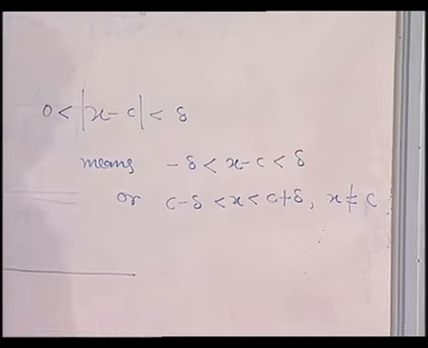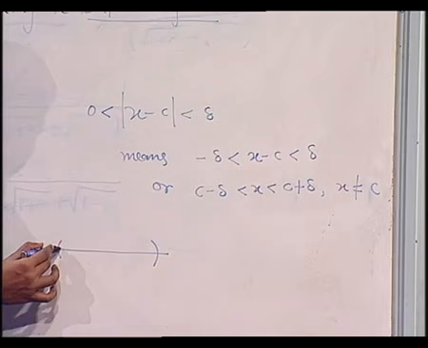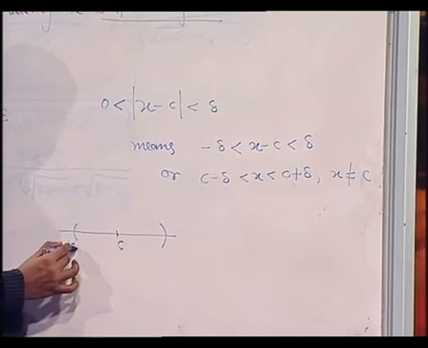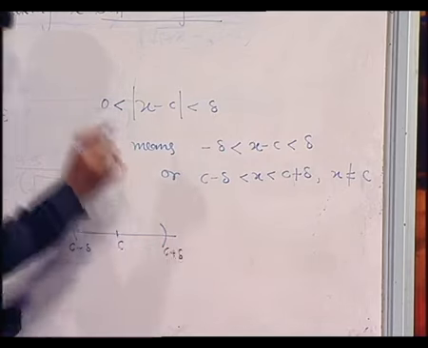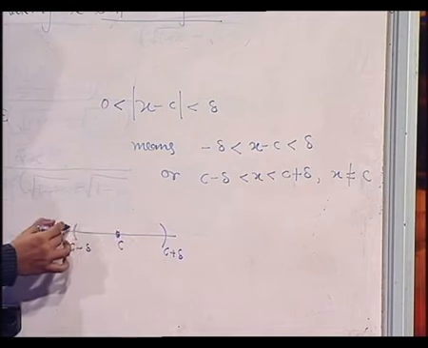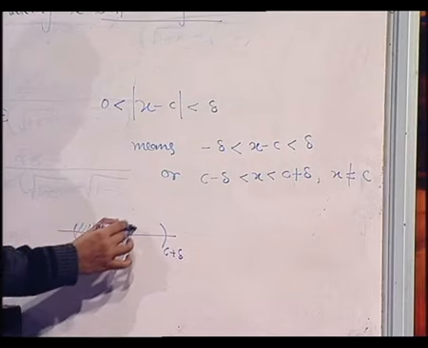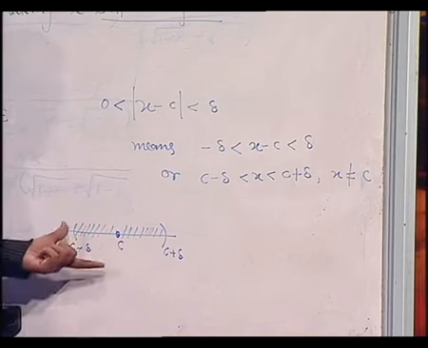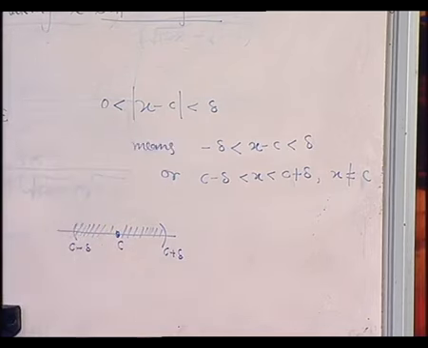If you represent this on the real line, if this point is c, and this is c minus delta and this is c plus delta, then excluding c, all these numbers form this interval.